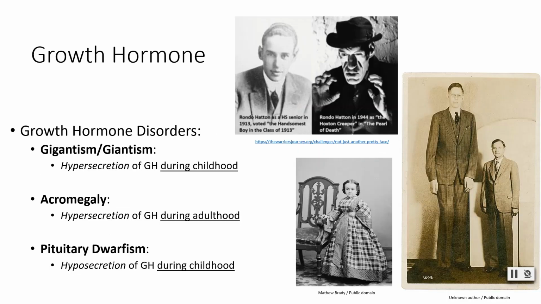Now, things can go wrong. We can hypersecrete growth hormone, or we could hyposecrete growth hormone. If you hypersecrete growth hormone, if you're secreting too much, during childhood, we refer to it as gigantism or giantism. You're going to grow really, really tall, 8-9 foot tall.